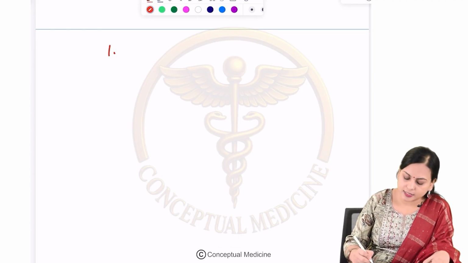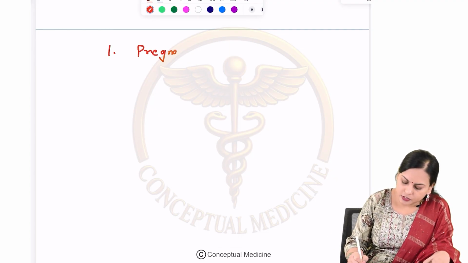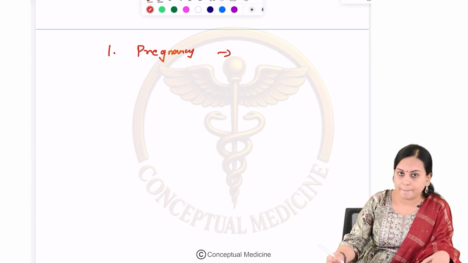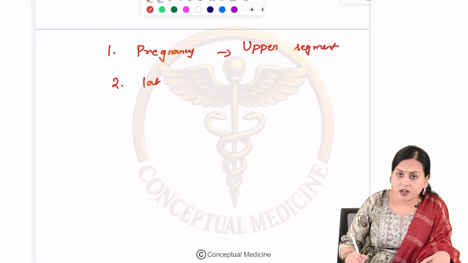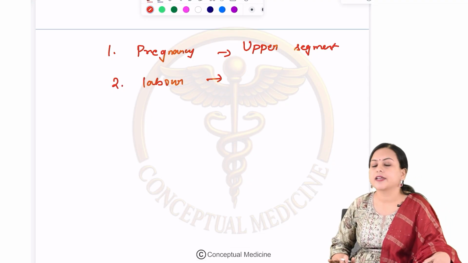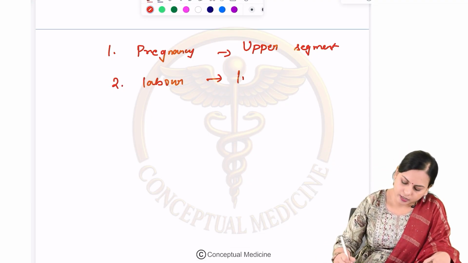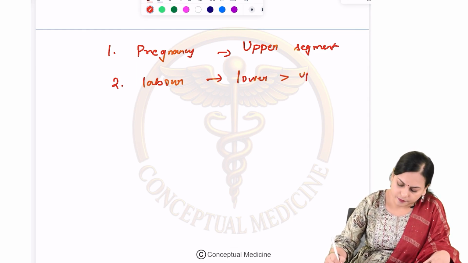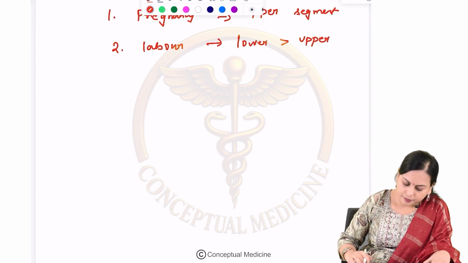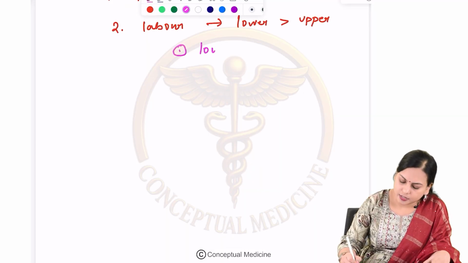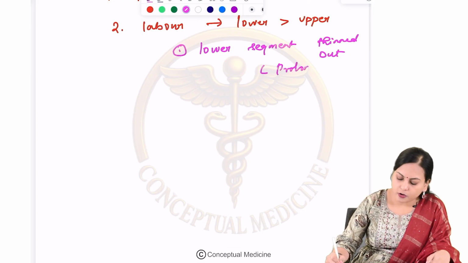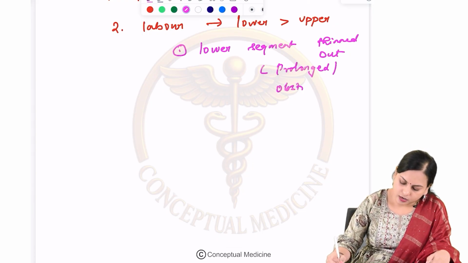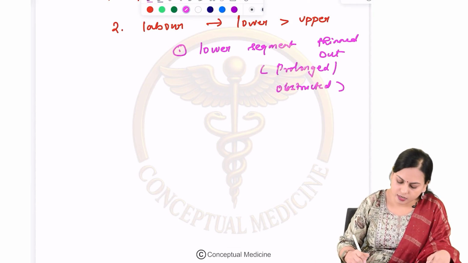So, when the rupture is happening during pregnancy, mostly the rupture can happen in the upper segment of uterus. And if it occurs during labor, it can either occur in lower uterine segment or upper uterine segment, but it is most commonly seen to occur in the lower segment than the upper segment, because the lower segment is thinned out, especially in case of prolonged labor or obstructed labor, right.